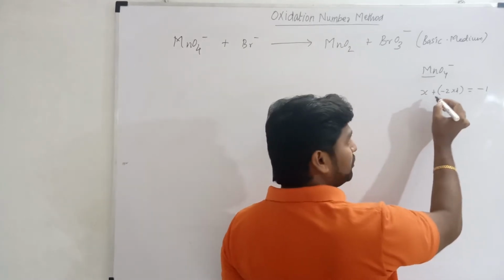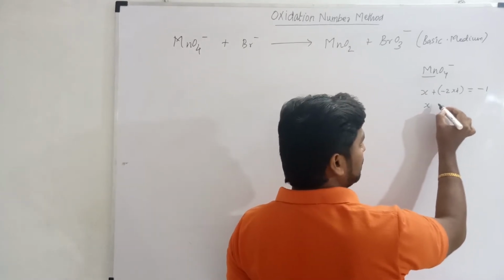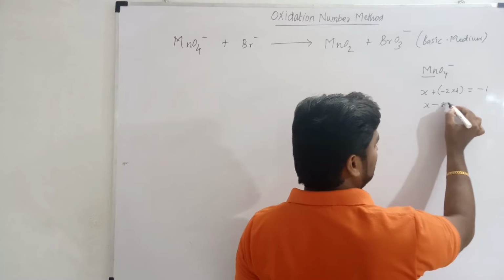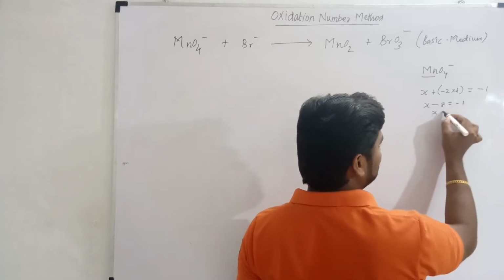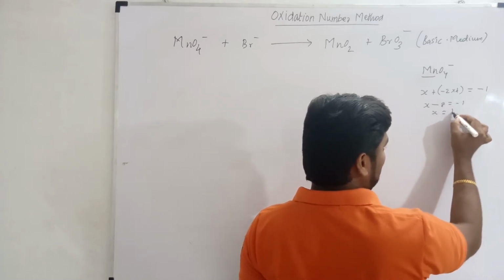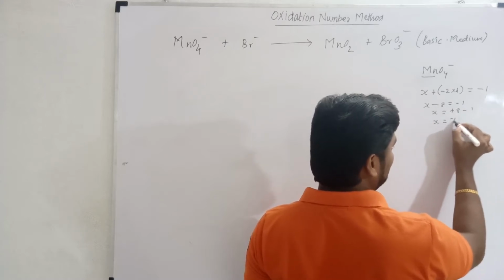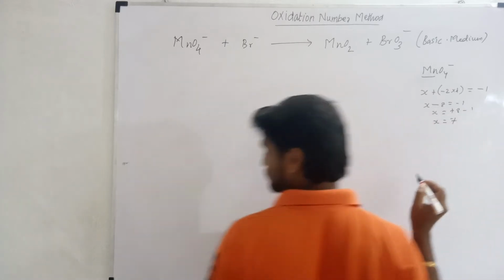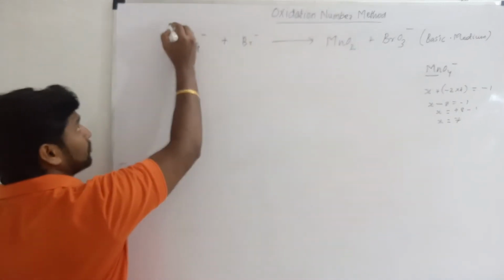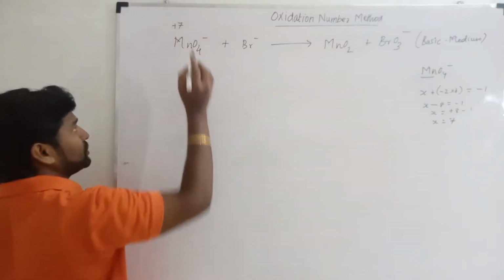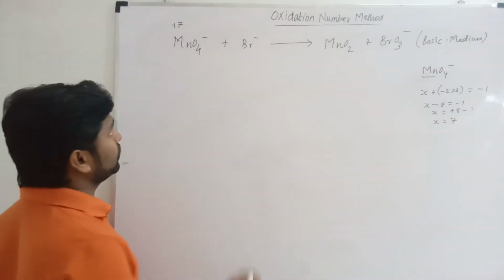If you solve this, we get X - 8 = -1, so X = +8 - 1, X = +7. So the Mn oxidation state is +7.